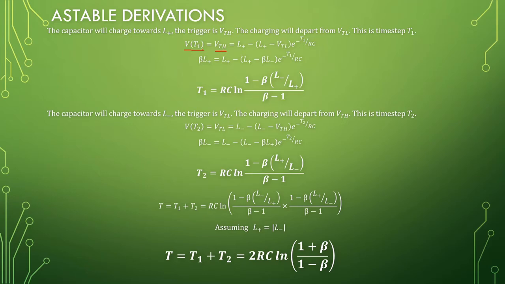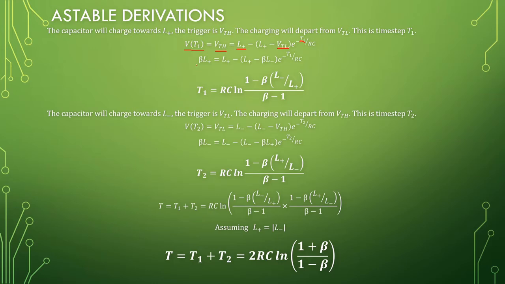Okay, so VTH is at T1, so we are charging towards L plus, and our departure point was our lower trigger point, and the time changed into this equation is T1.